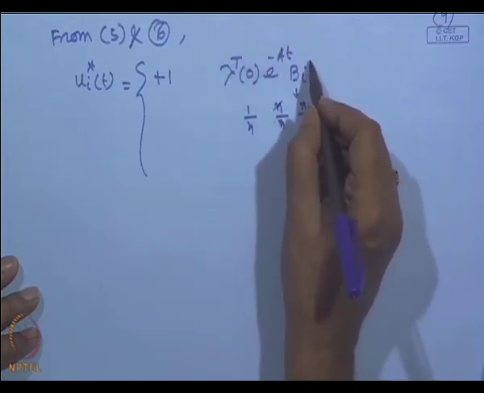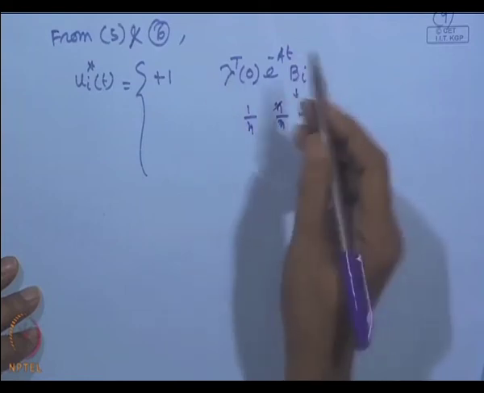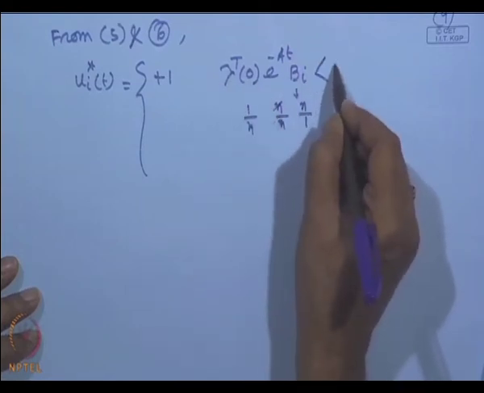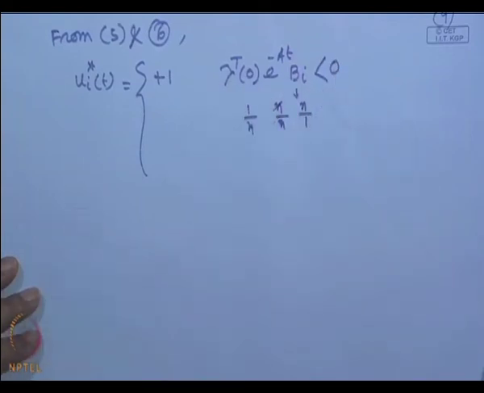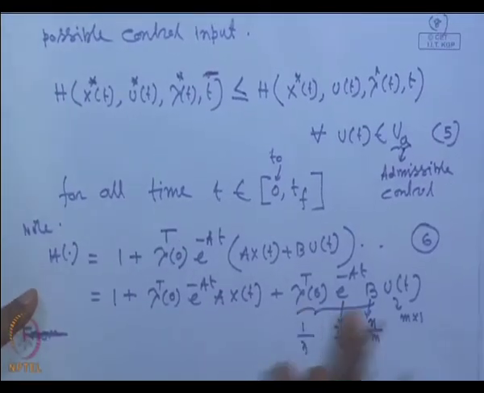So if the absolute value of this quantity is less than 0, I am considering each element of u.